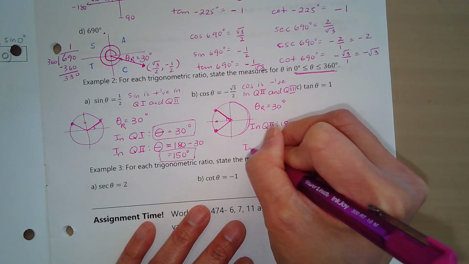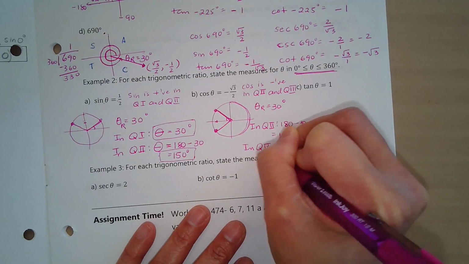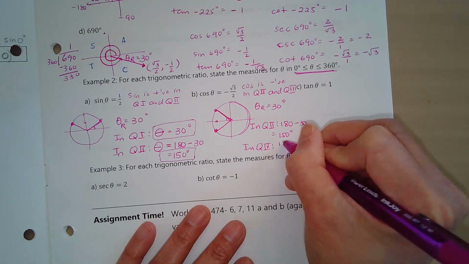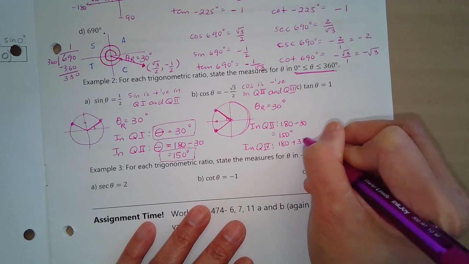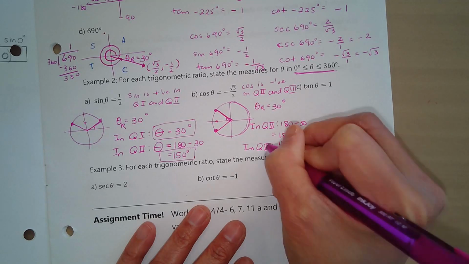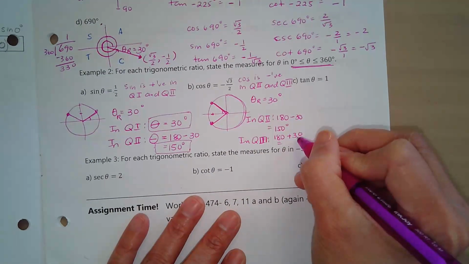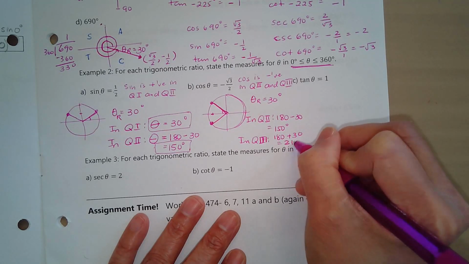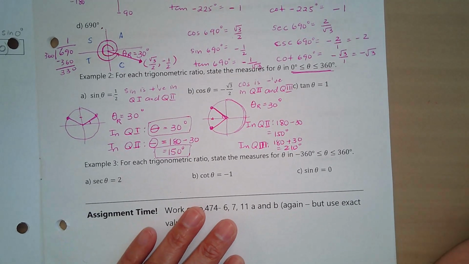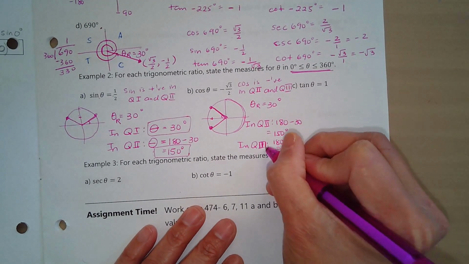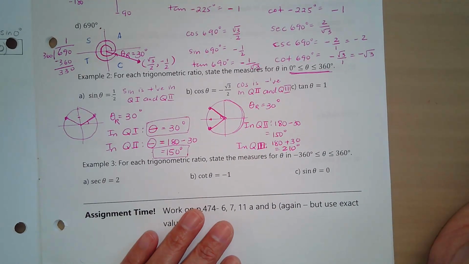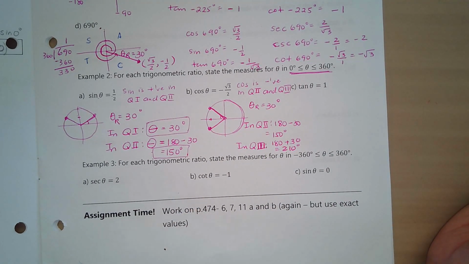And in quadrant 3 it is going to be 180 plus 30, which is 210. Good?